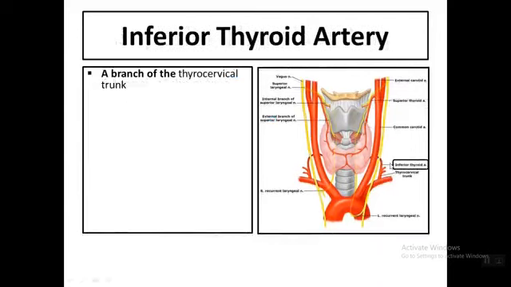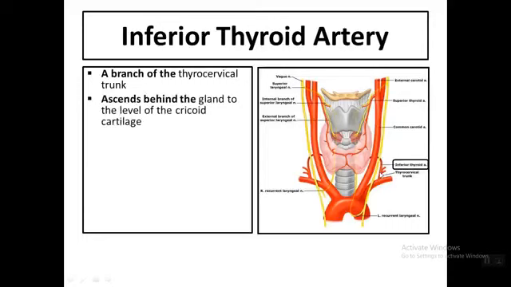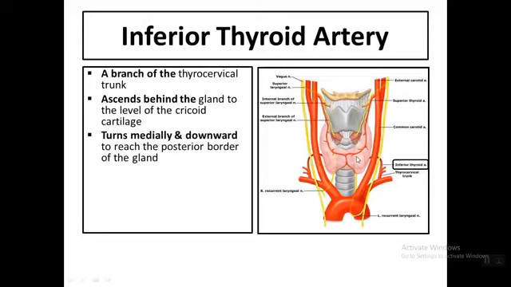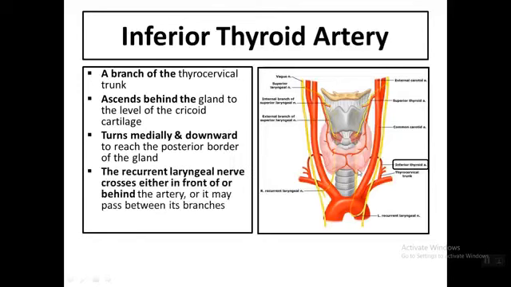The inferior thyroid artery is a branch of the thyrocervical trunk. It ascends behind the gland to the level of the cricoid cartilage, then turns medially and downward to reach the posterior border of the gland.